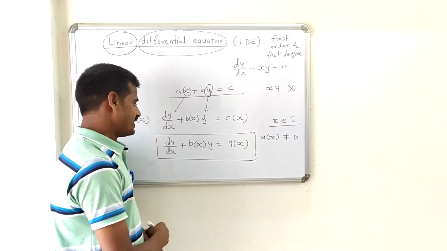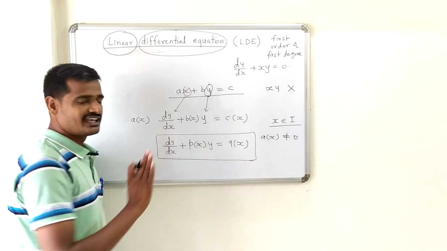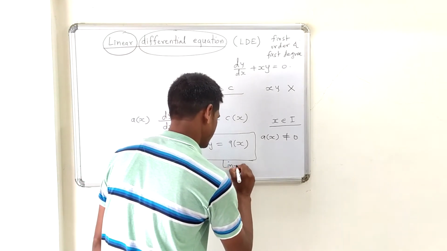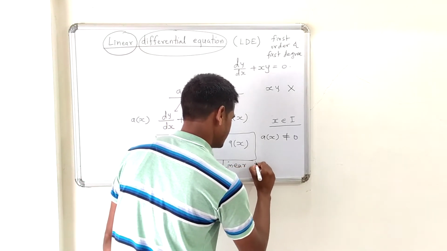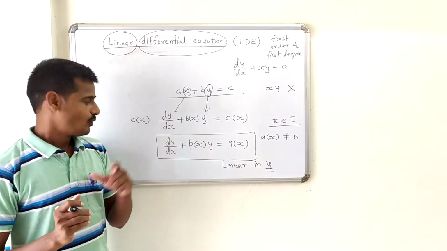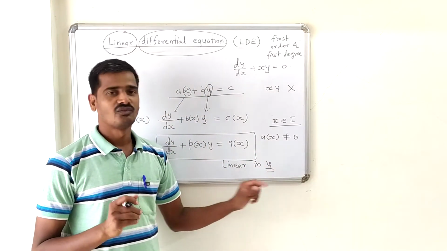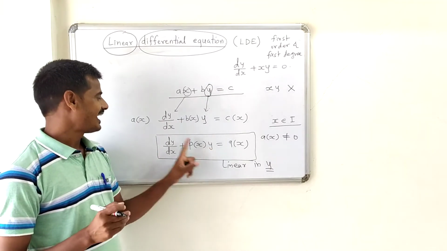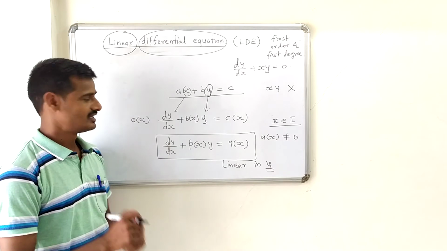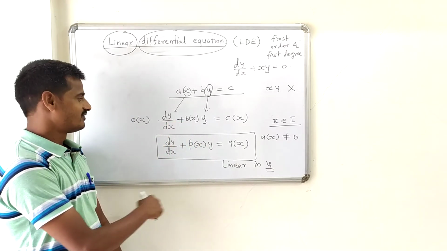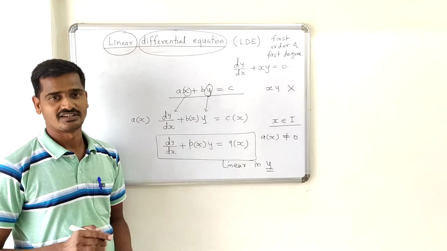But here we simply say it is linear in y, for our convenience. Once we say it is linear in y, it is understood that it is linear in y and dy by dx. So this is the standard form of first order first degree linear differential equation.